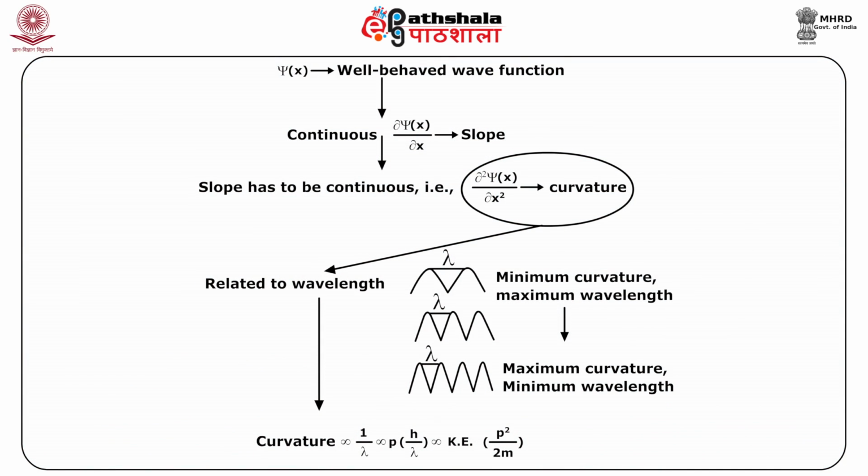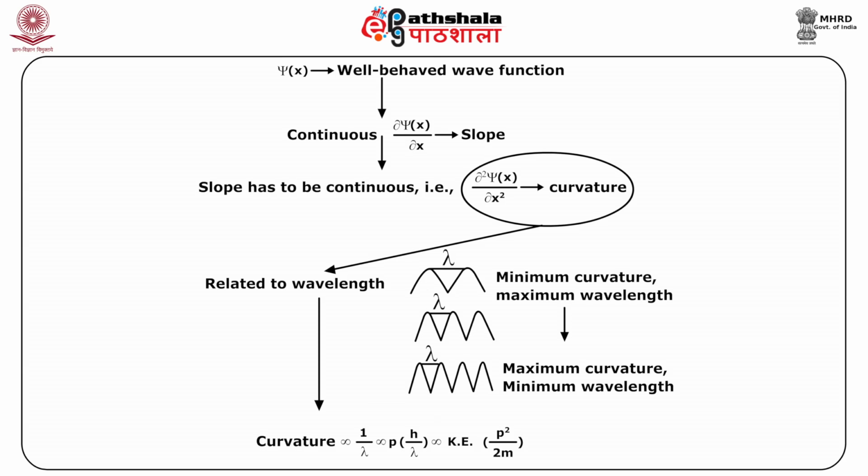Here you can see we are showing three matter waves. In one, lambda is very, very small. In another, lambda has some intermediate value, and in the top one, lambda is very large. You can see that wherever curvature is maximum, wavelength is minimum. So curvature is related to wavelength.